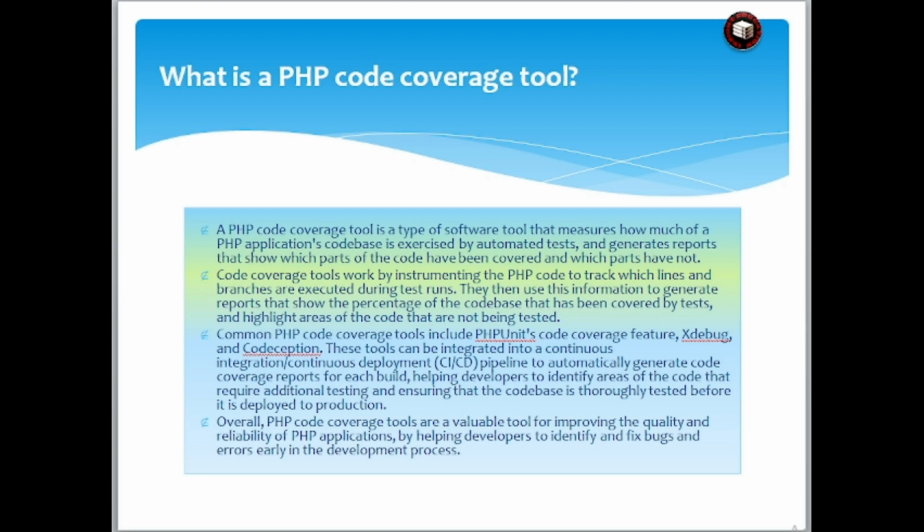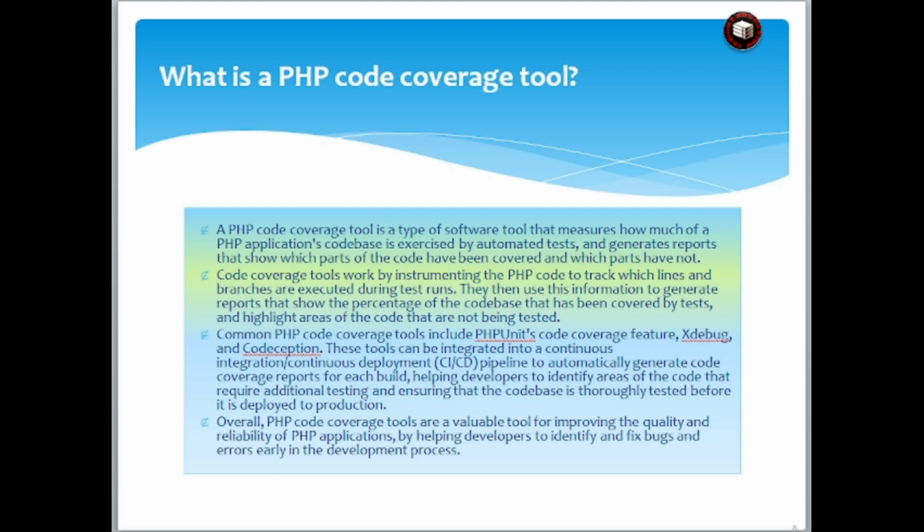PHP code coverage tools. A coverage tool is a type of software that measures how much of a PHP application's code base is exercised by automated tests and generates reports. Code coverage tools work by instrumenting PHP code to track which lines and branches are executed during the test run.